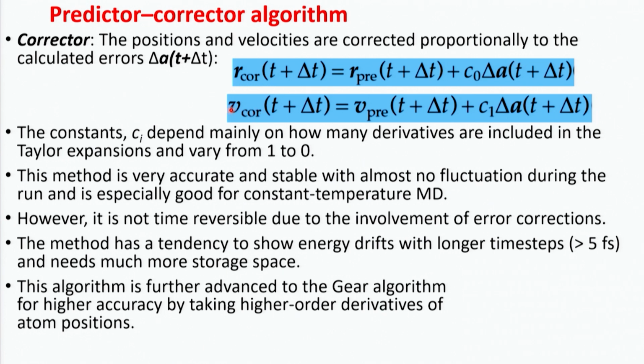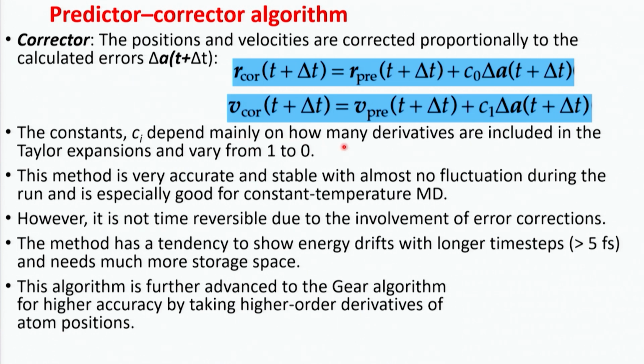Similarly, the corrected velocity will be the predicted velocity plus a constant times the error. Of course C0 and C1 will be there, and the units will be different to make them suitable for position and velocity. Of course, for different atoms we will have different C0 and C1 values at any step.